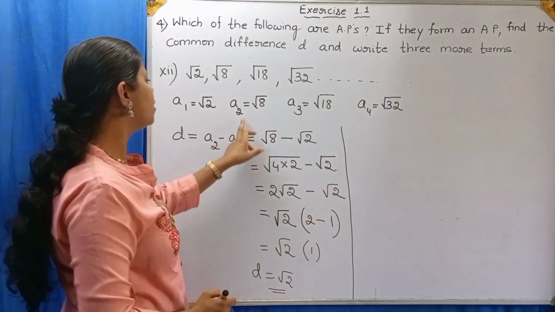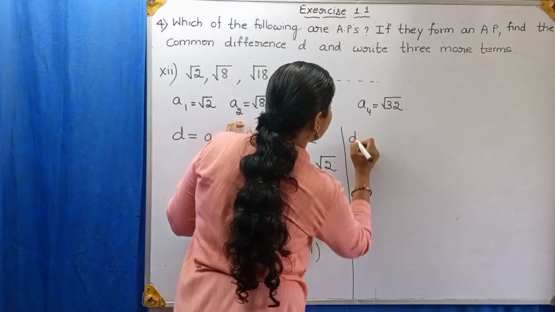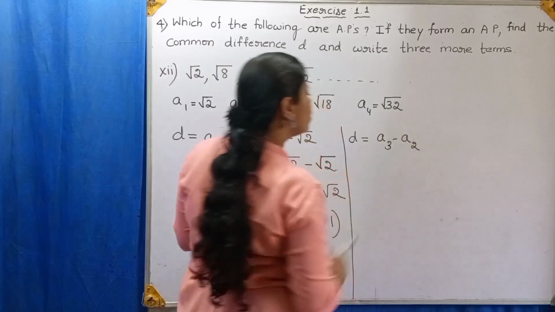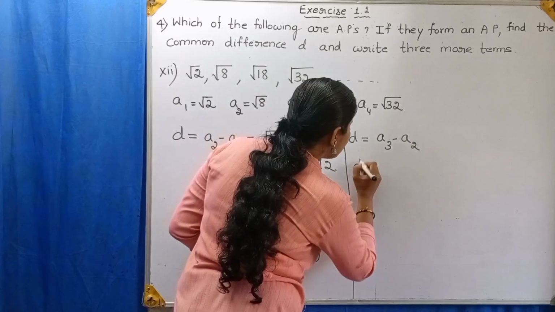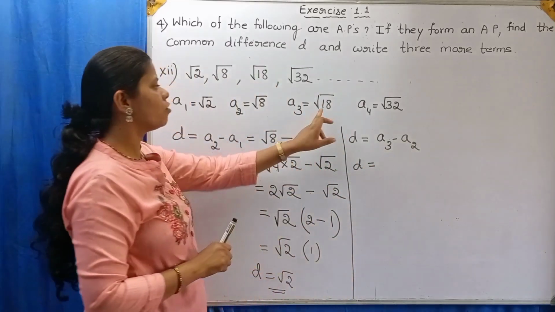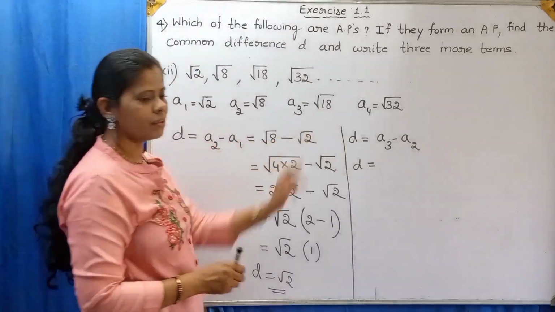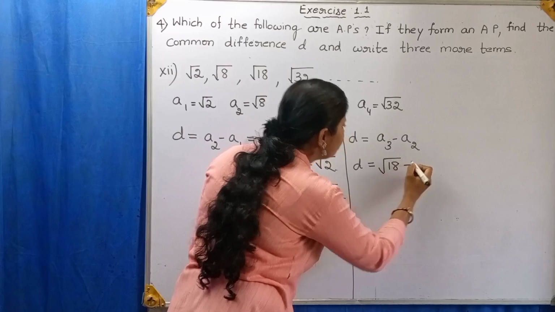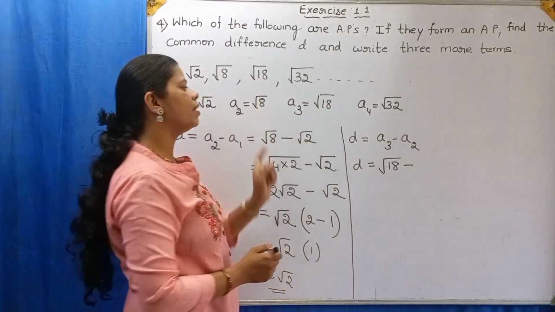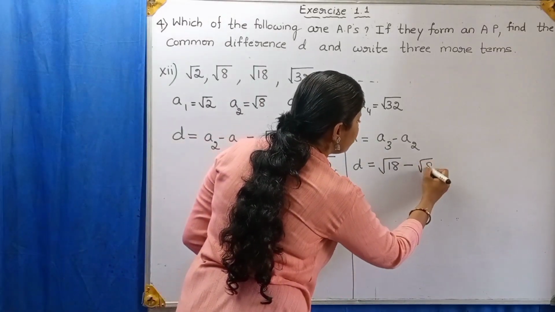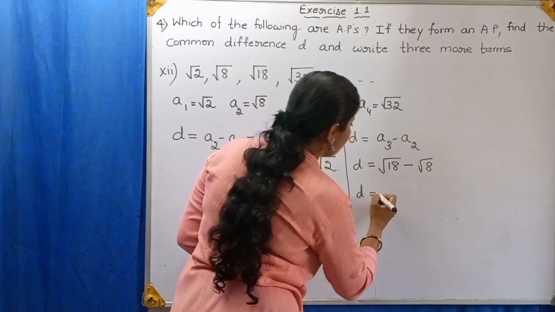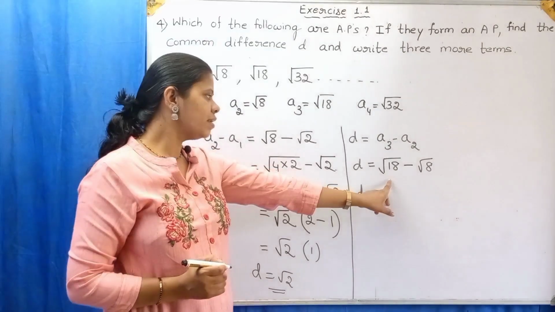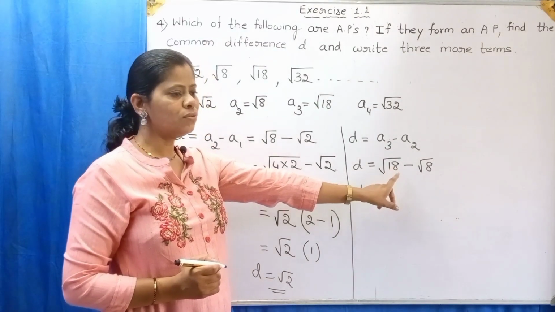See here. d is equal to a3 minus a2. Okay. a3 is what? Root 18. Root 18 minus a2, which is root 8. See here, this root 18 can be written as 9 into 2, isn't it?